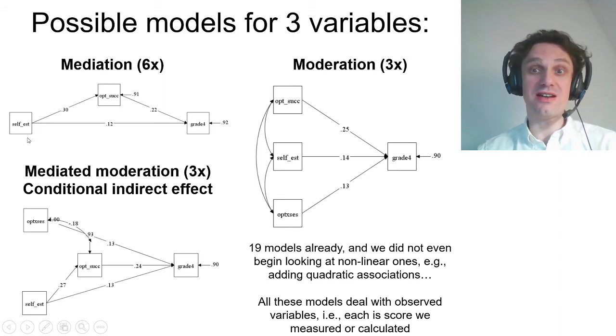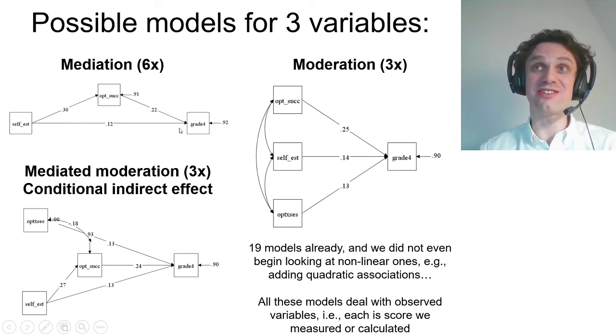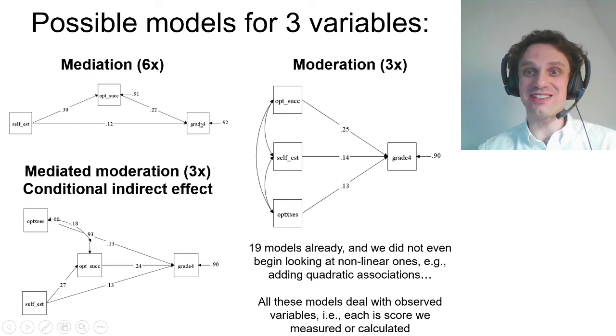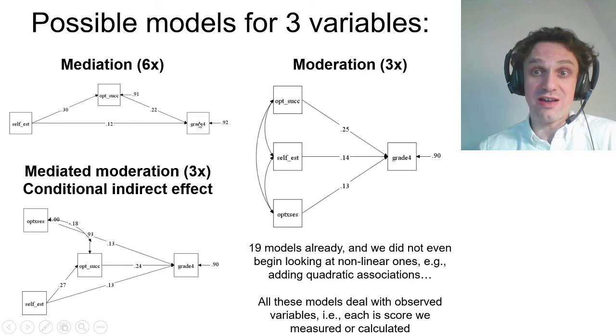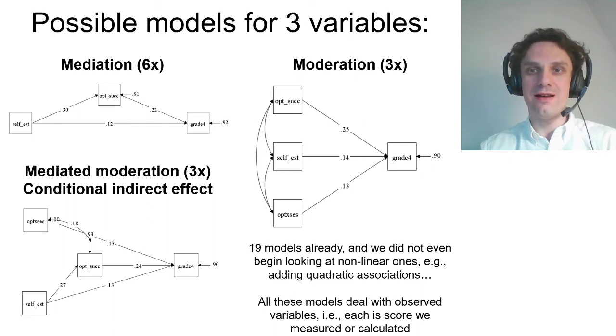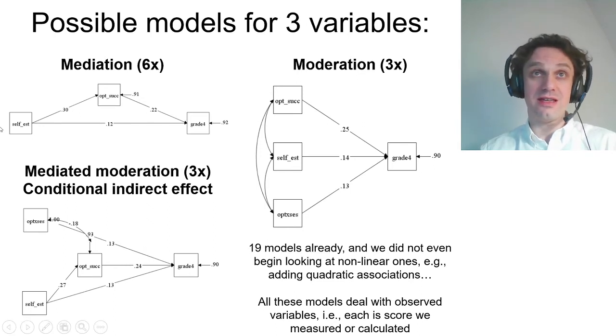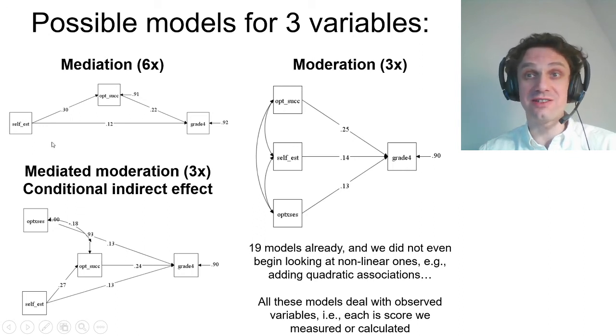So the logic here would be children who have higher self-esteem make more optimistic attributions, and thanks to these optimistic attributions, they obtain higher school grades because they believe in their success, and as a result, they invest more effort into learning.